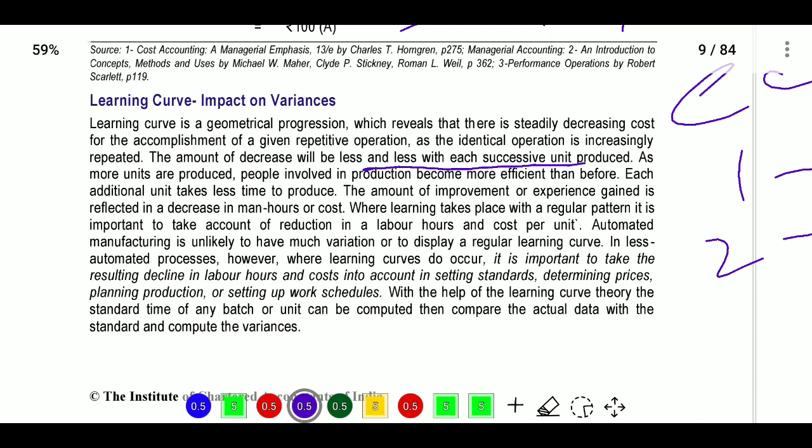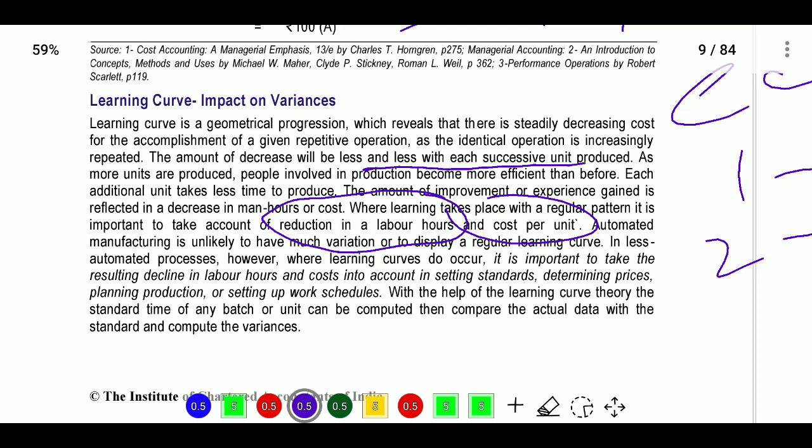Next, it is important to take the resulting declining labor hours. What will decrease here? Labor hours will be reduced, and cost per unit will be reduced, in setting standards. So the first time you will put 100 hours for 200 products, but in actuality after 50 products, that time will be decreased because of their work experience.